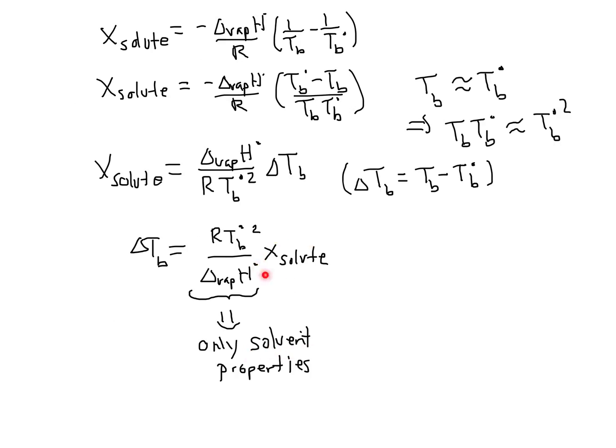So all solutes will elevate the boiling point of a given solvent by the same amount, regardless of what they are. This combination of factors of solvent properties is called the ebullioscopic constant for the solvent. These are tabulated in tables.